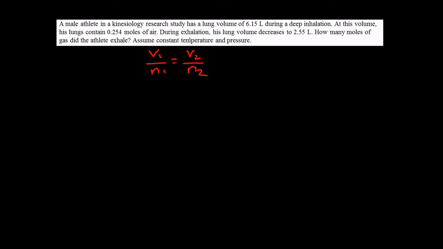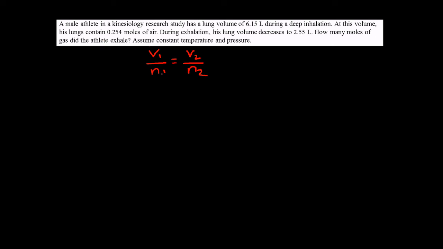Well, we're actually trying to find how many moles of gas did the athlete exhale. If you're not careful, it can kind of seem like we're trying to find N2. And that's not actually what we're trying to find. Because N2 is not the number of moles of gas that were exhaled. N2 is the number of moles of gas that are left after exhaling.